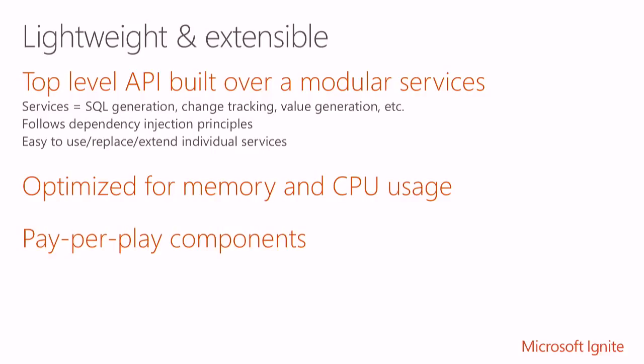Through making it modular, which means pay-per-play components. If you are really looking into foreign keys and RDBMS and stuff like that, go ahead and use an extension of SQL, right? And if you're really looking into partition keys and stuff like that, well, that means you are going towards table storage. Just add that NuGet, and you're good to go. So really, the base components are very, very simple and lightweight, but everything else is modular, which is awesome.